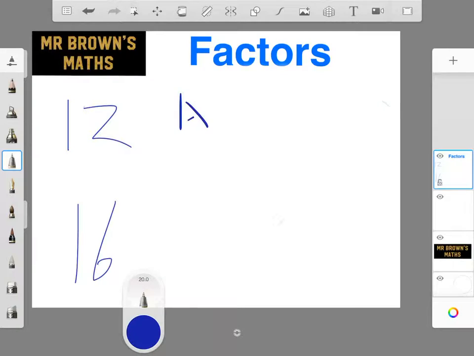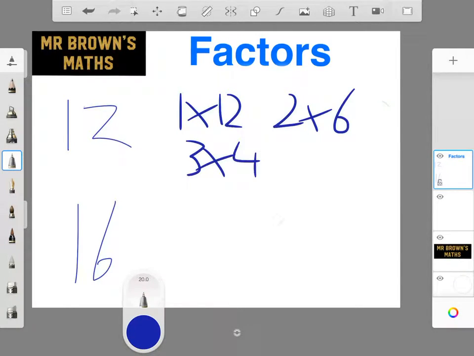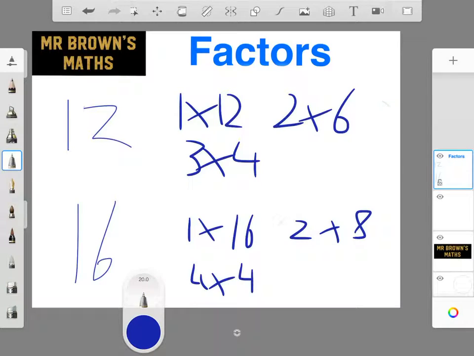Again, we've got 1 times 12, 2 times 6, 3 times 4. For 16, we've got 1 times 16, 2 times 8, 4 times 4. What you have to do is find the biggest number that goes into 12 and 16. The biggest one here is 16, which doesn't go into 12, so you can cross that out.